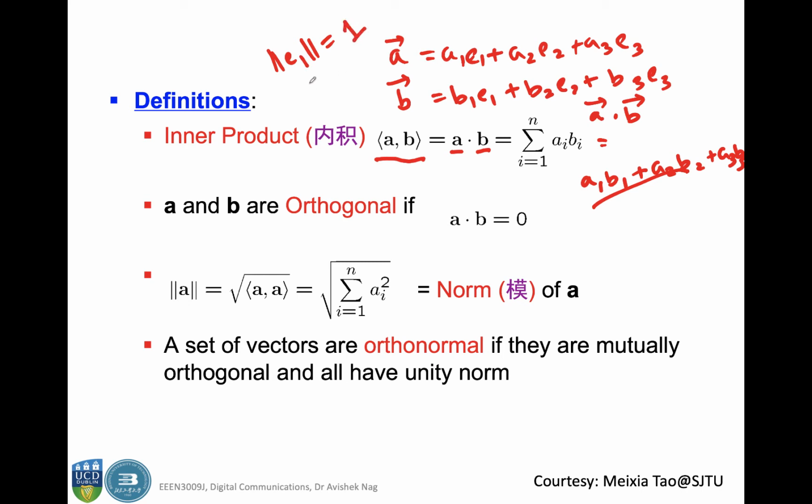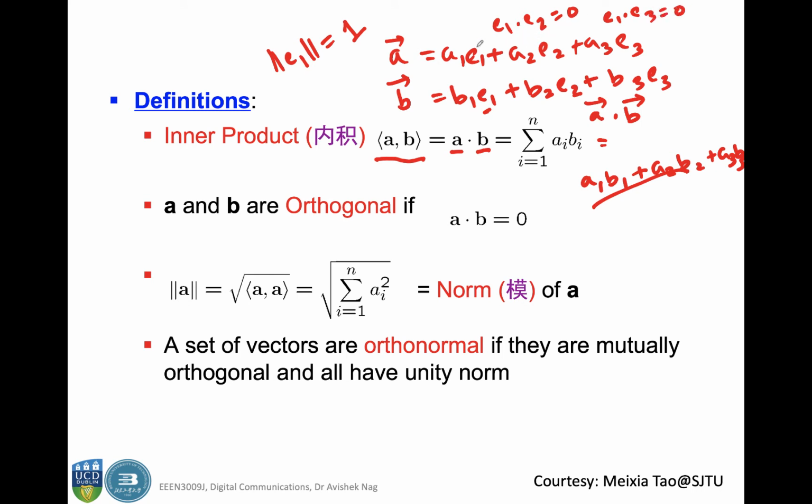So if you take the square of these vectors, or take the dot product of this unit vector with itself, it will be equal to 1, and if you take the product of any of the cross vectors, for example e1 dot e2, it will give you 0, e1 dot e3 will give you 0.